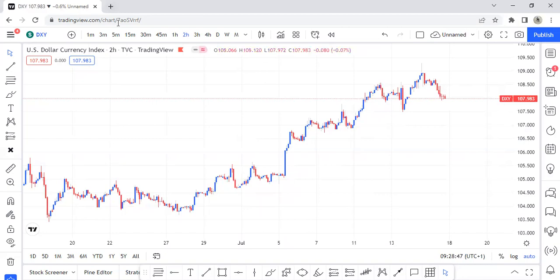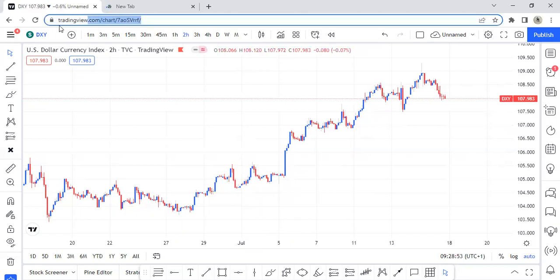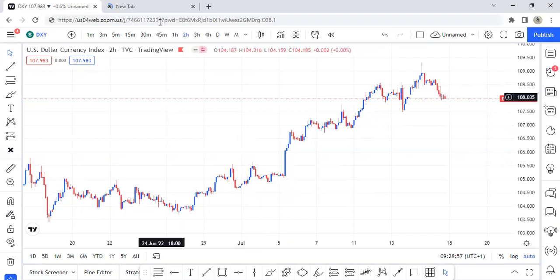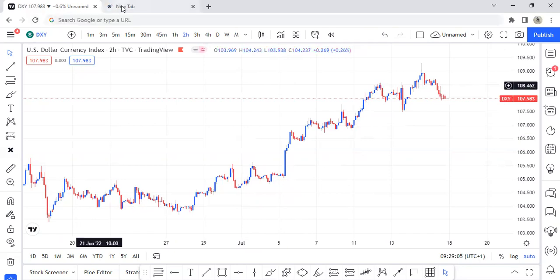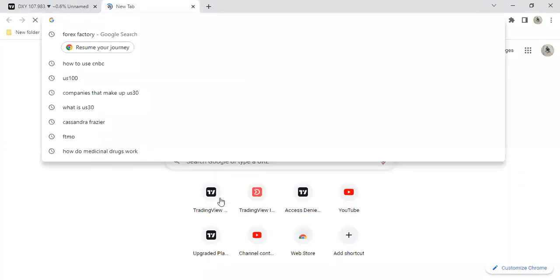The financial market has been so crazy. In the last days, the dollar has just been rallying higher and higher, while the pairs that are paired against the dollar have been going the opposite direction.